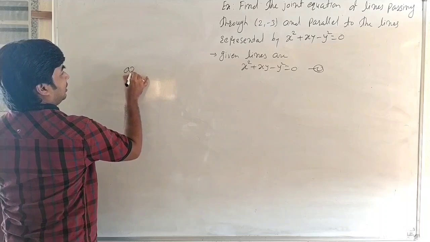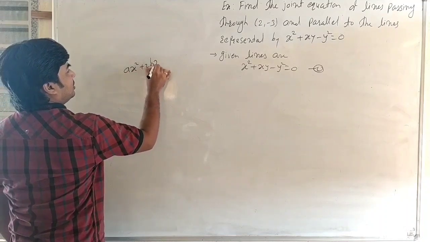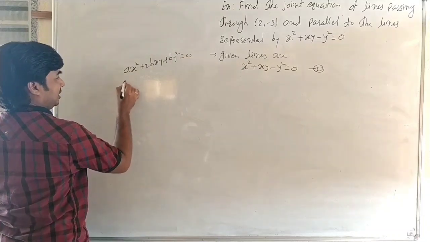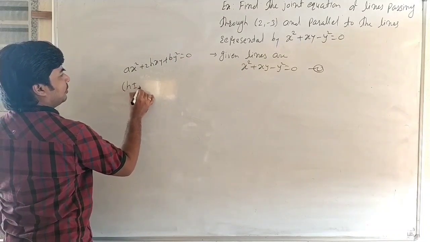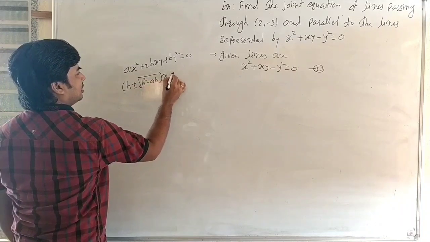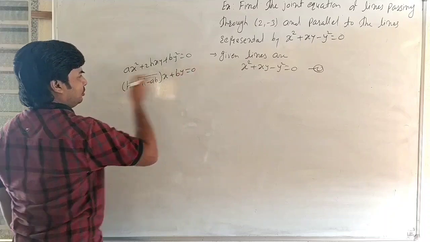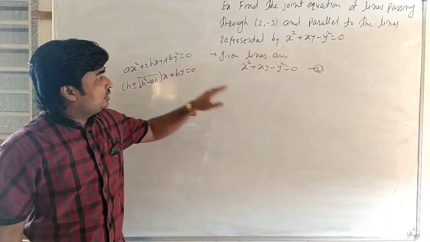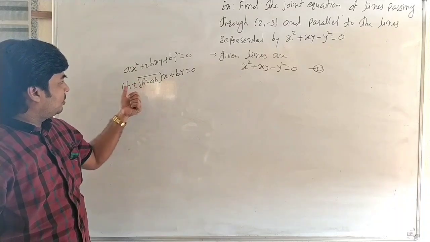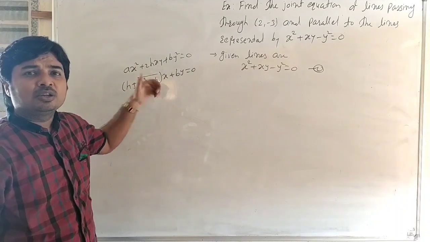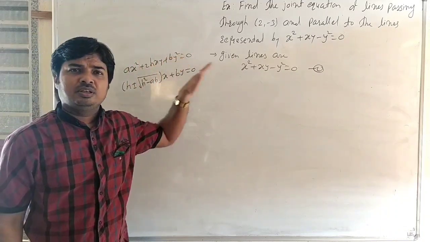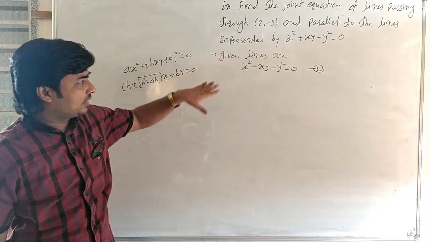Here we know that ax square plus 2hxy plus by square equal to 0 is a homogeneous equation, and then the separate equations are h plus or minus under root h square minus ab into x plus by equal to 0. But by using this formula, the under root term gives h plus under root or h minus under root, both terms. Then the calculation of these terms is very difficult or complicated.